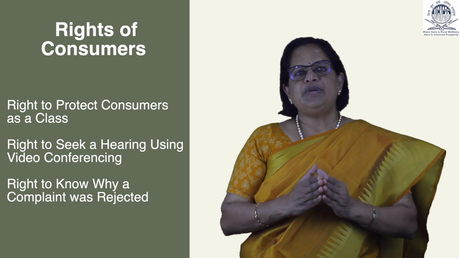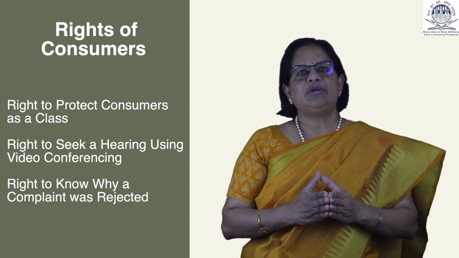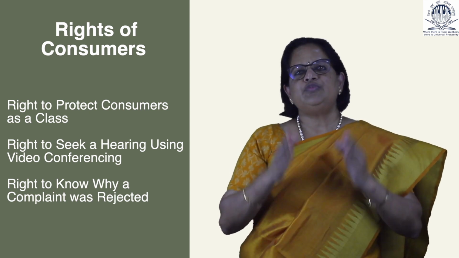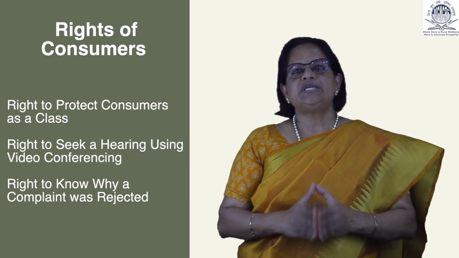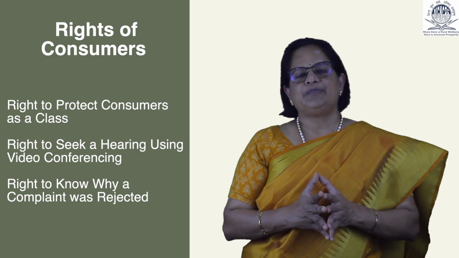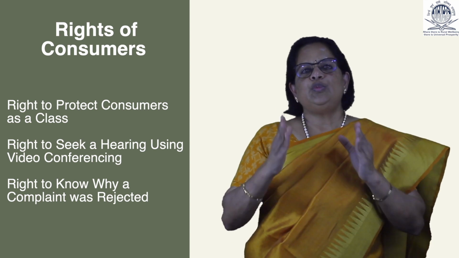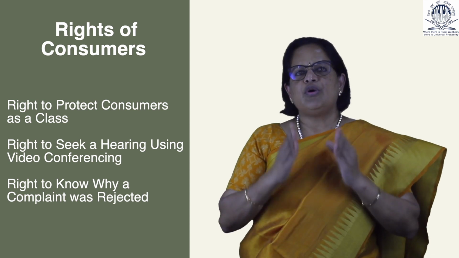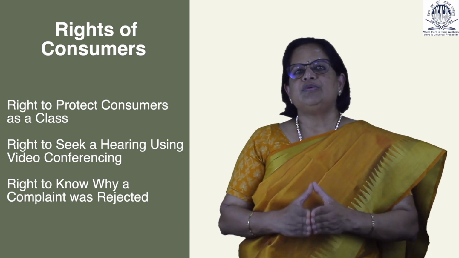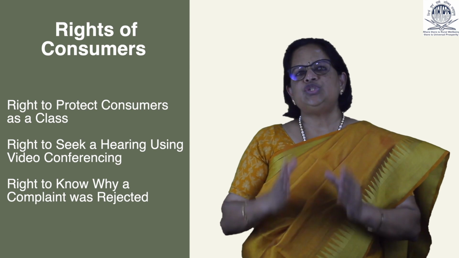Moreover, if the commission has not informed the consumer who filed the complaint within 21 days, then it can be assumed that it is accepted by the commission. Thus, we can see that the rights of consumers are much more powerful after the amendment of the Consumer Protection Act in 2019.